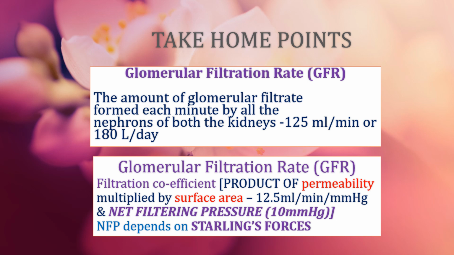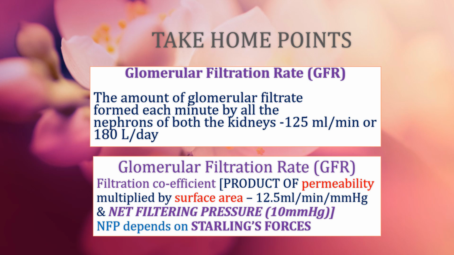So to sum up, glomerular filtration rate is the amount of glomerular filtrate formed each minute by all the nephrons of both the kidneys. It is 125 ml per minute or 180 liters per day. That is, the entire plasma of the body is processed by the kidney 36 times every day.